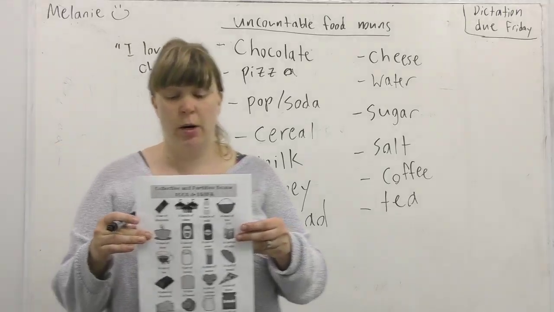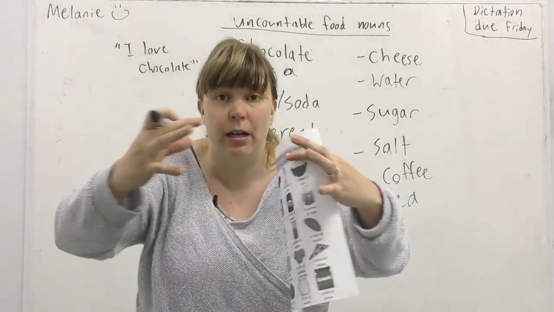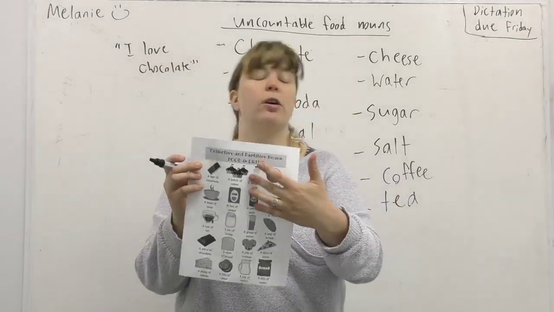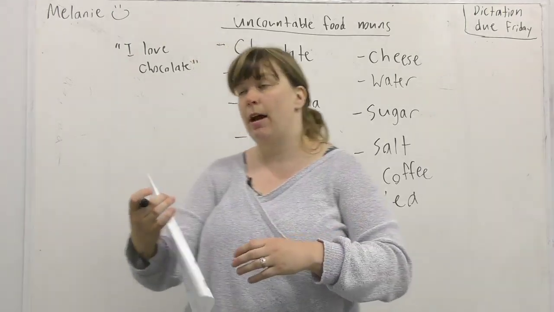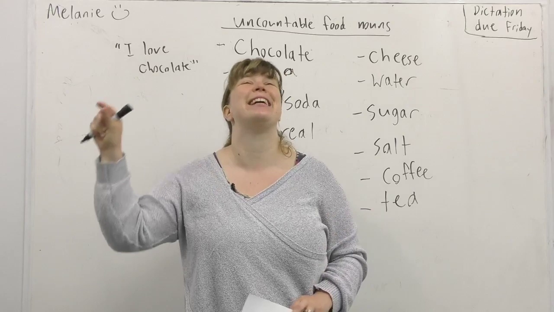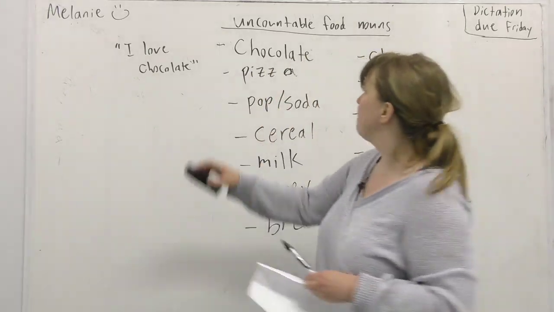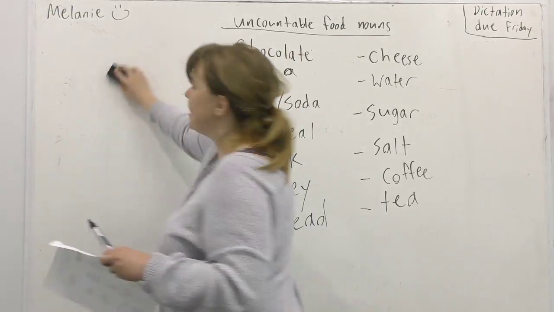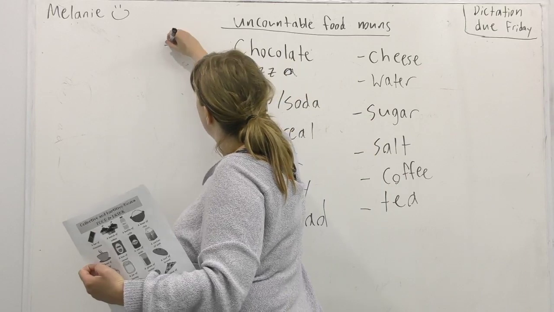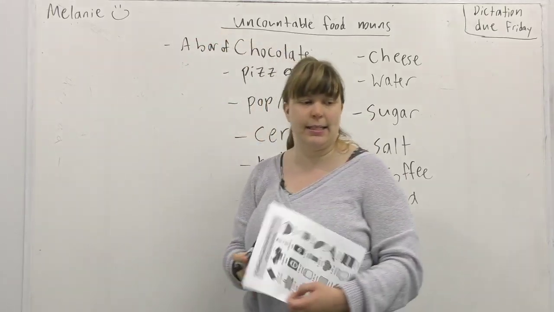Now, what you're going to notice is that if you have them kind of in a collection, almost, you can turn them into countables. But usually, you have to put a noun in front of the noun, if that makes any sense. So, for example, instead of just chocolate, here, as you see, we can say a bar of chocolate.